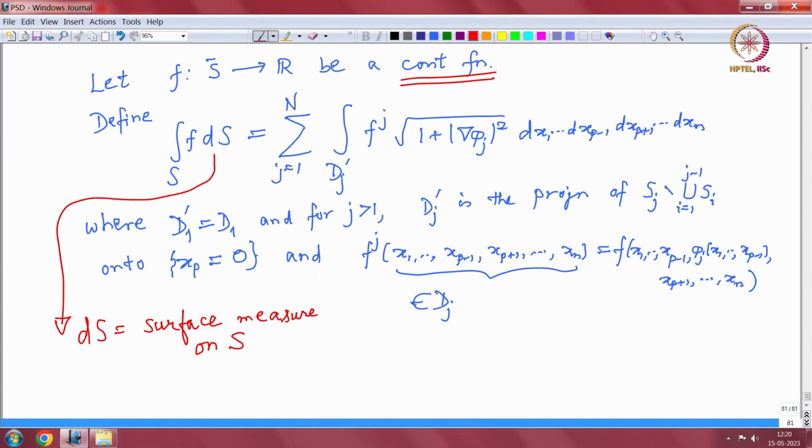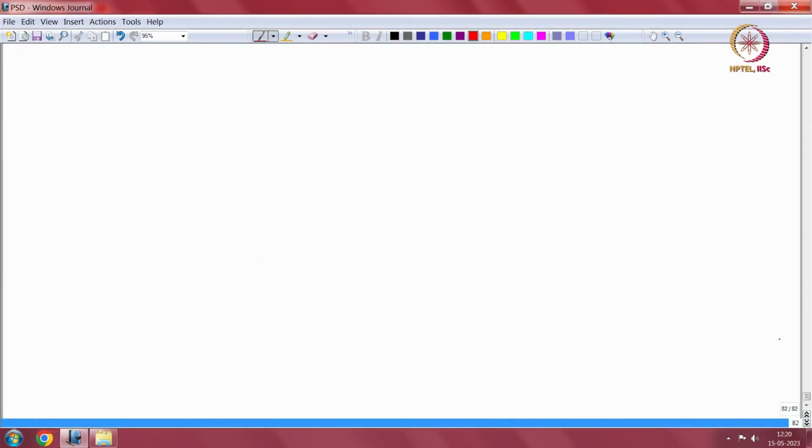Okay, and now we want to extend this notion to discontinuous functions. So in essence, we would like to develop a measure and integration theory on surfaces, and of course this is again a big topic. So I just recall here in a brief manner, starting from the notion of set of measure 0, there is a way we can develop measure and integration theory.